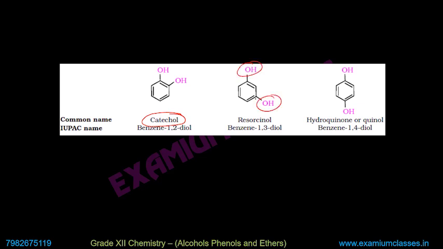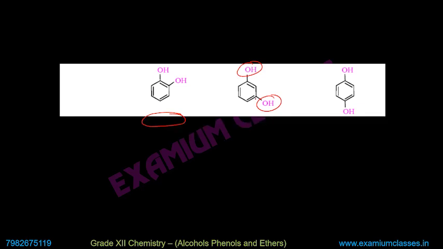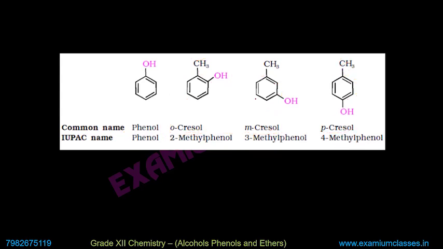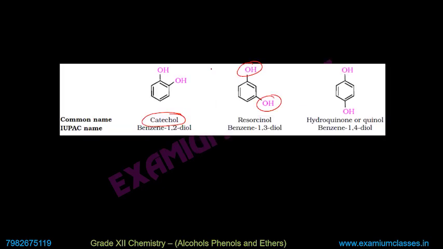For example, if one group is methyl and one is the alcoholic OH group, then it is cresol. But if both are OH, you will not say ortho, meta, para. There are different specified names in that case. If they are adjacent, catechol.